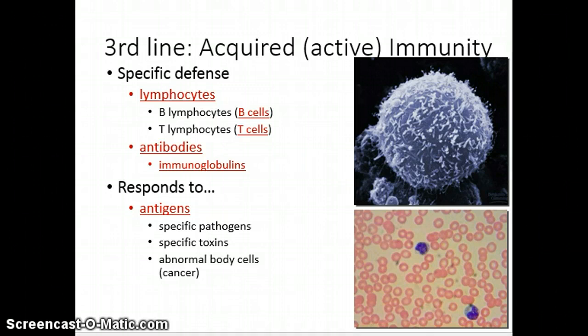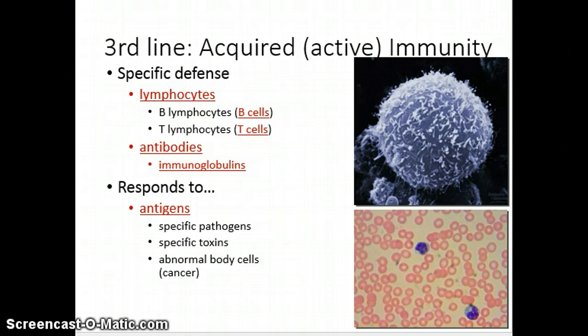As for their function, they start out as what are called naive B cells or naive T cells, which means they haven't yet encountered an antigen. But once they do, they will respond to a specific antigen, and that will be the antigen that they always respond to in the future.